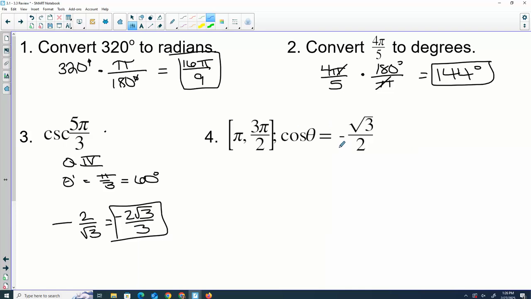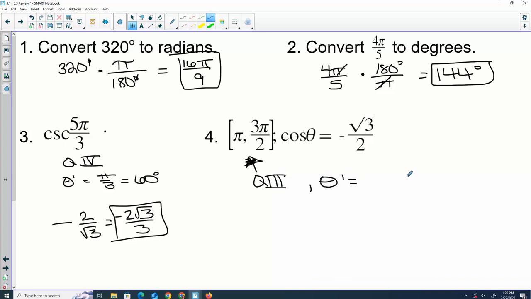Then there'll be a section like the end of your homework where I ask you to find the angle. So this one I'm saying it's between pi and 3 pi over 2. So if it's between pi and 3 pi over 2, which quadrant is that? Reference angle.